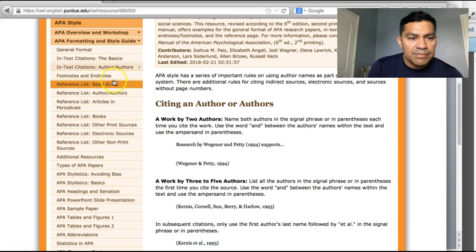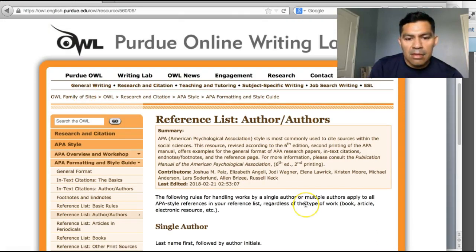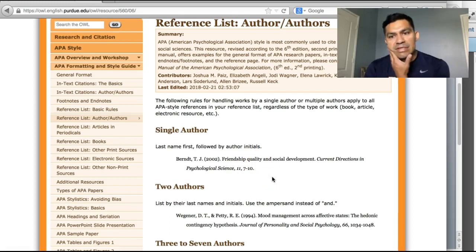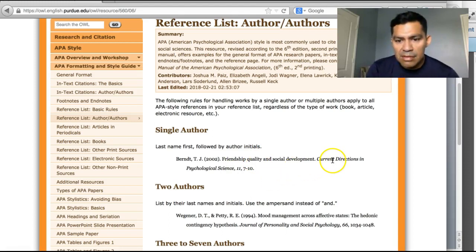I'll go back here. So we go to the reference list, and it tells you how to reference for a single author right here, right off the bat. And you have to follow all the little details. For example, for the title of the journal article, only the first word is capitalized. Everything else is lowercase.